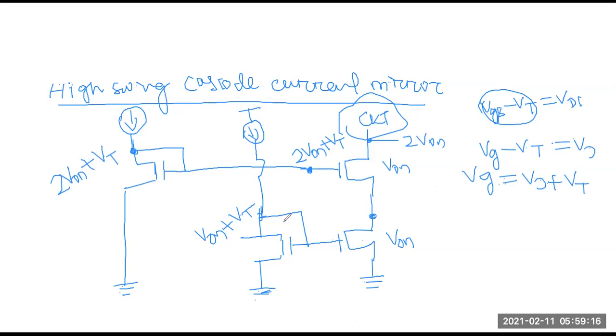So what happened? Because this is finally the current mirror, if this VDS and this VDS are not the same, again the problem will start, the 1 plus lambda VDS. Yes or no? So anyhow we have to make this voltage also V on. Remember this. So what will we do here again?